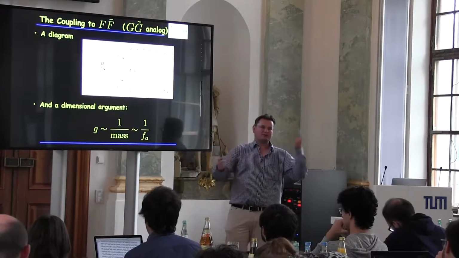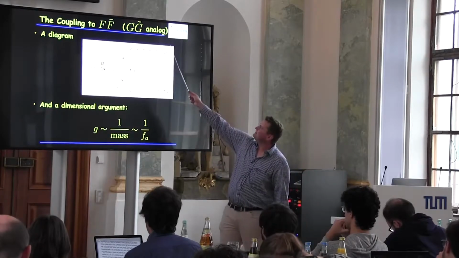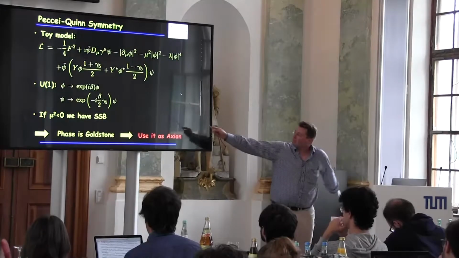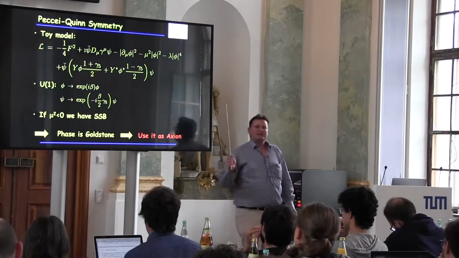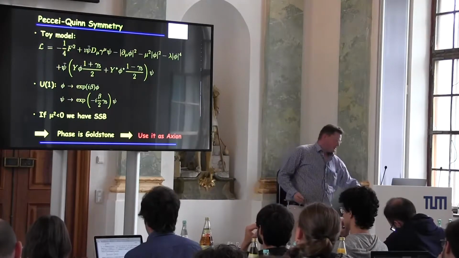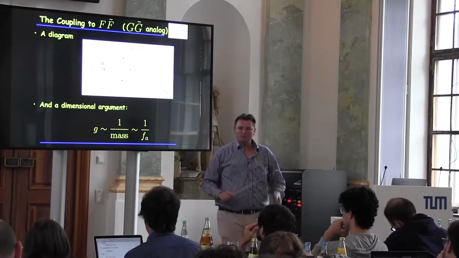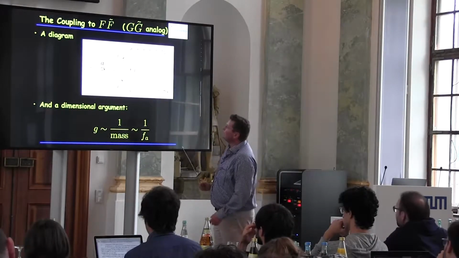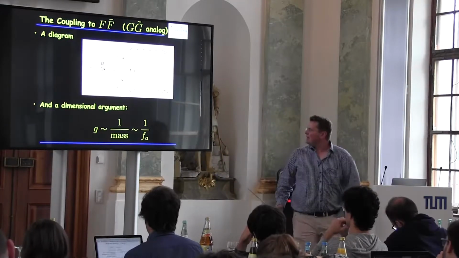Now it's just a matter of choosing the right parity. Since this is a suitable axial symmetry, you get a pseudo-scalar Goldstone mode, and that means this would couple to F dual, just to conserve parity. The original theory didn't have any parity violation.